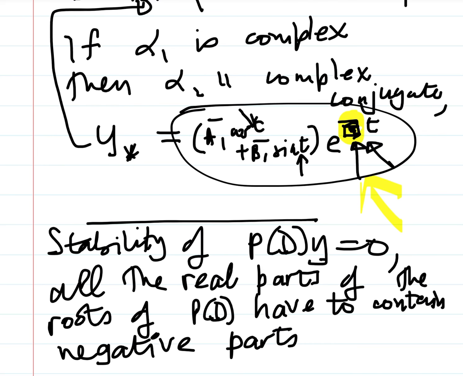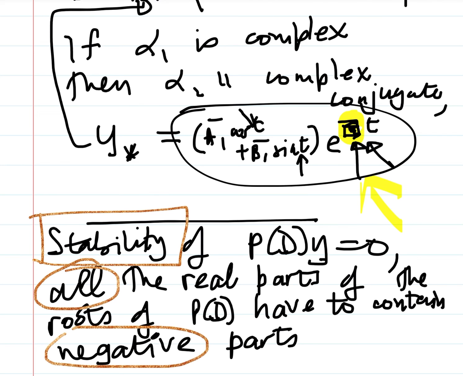So the emphasis here is, I should say, all the roots of the polynomial P of D have to be negative to guarantee the stability of the solution of P of D on y equal to 0.